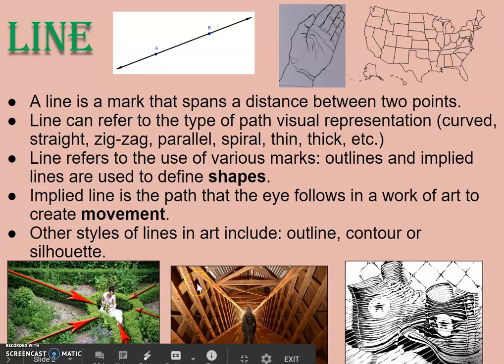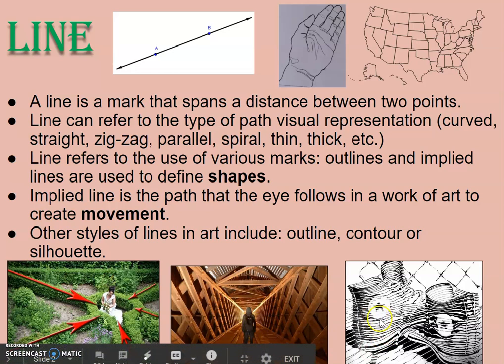The same thing happens in this image, with the person standing in the middle of the covered bridge. We have these lines created that are bringing our attention to this person right here. So once again, it is the path our eye is taking.